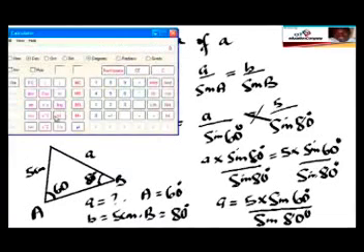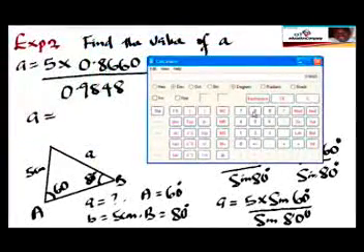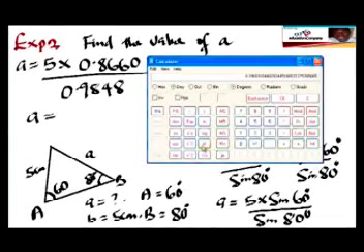Then my a finally will be, let's multiply all this out and see. We have first 5 times 0.8660, divided by 0.9848, which is equal to 4.396, which is approximately 4.4.